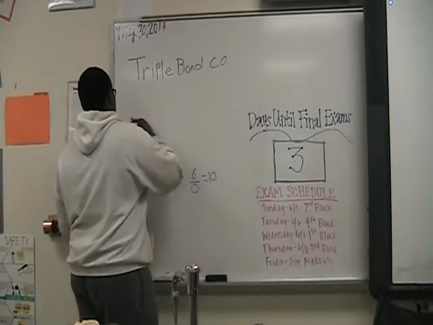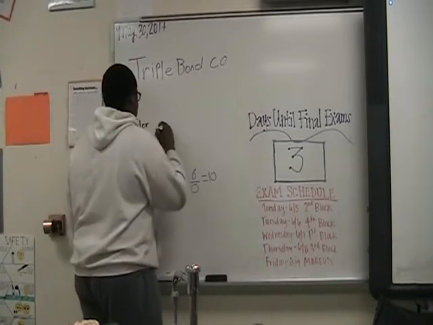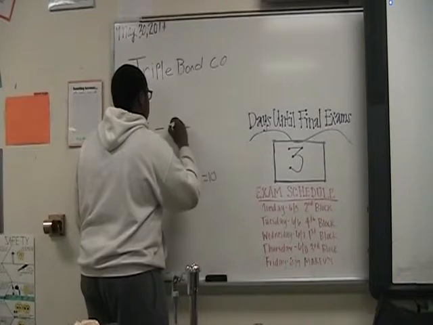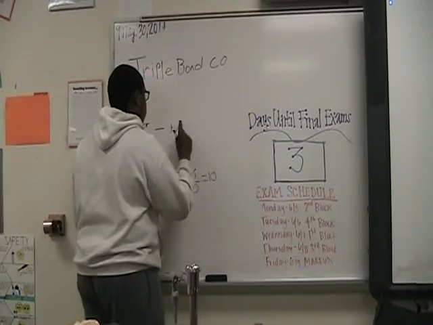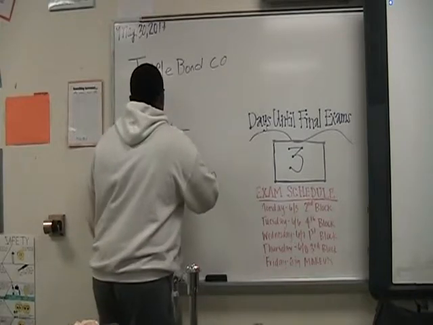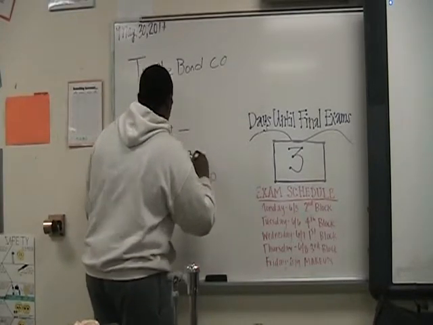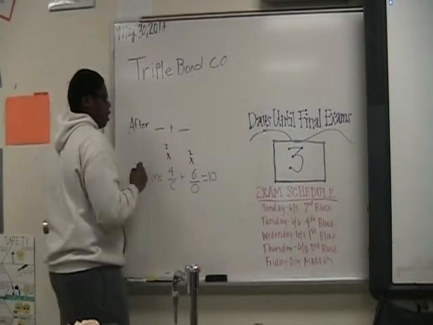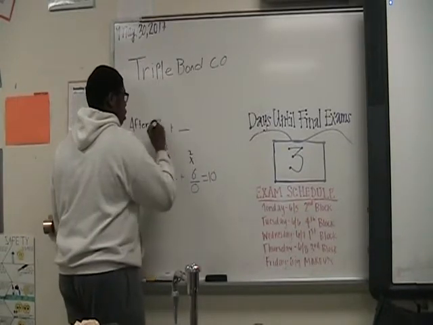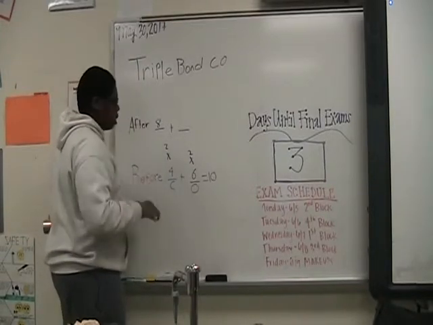Then you want to go to your after. Same thing, 2 spots. Alright, and so you multiply both by 2. 4 times 2 equals 8, and 6 times 2 equals 12, but because of the octet rule, you keep it at 8.